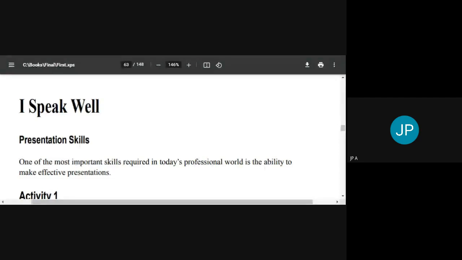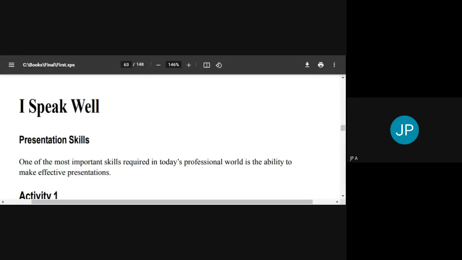So we use slides to project the information that we have, and we use those slides and then speak. So such tools for speaking, such visual tools for speaking, which helps us to present an idea before the audience. They are called visual aids.